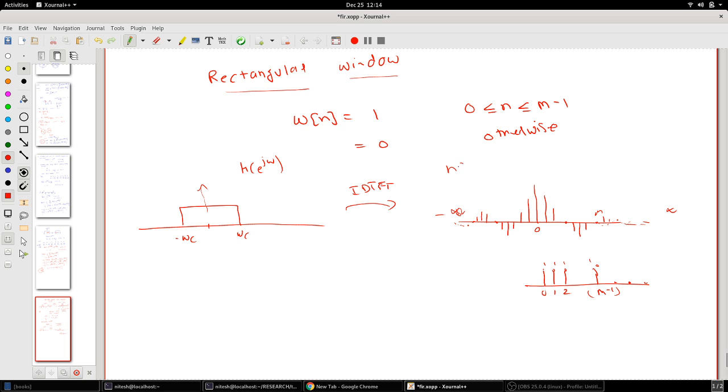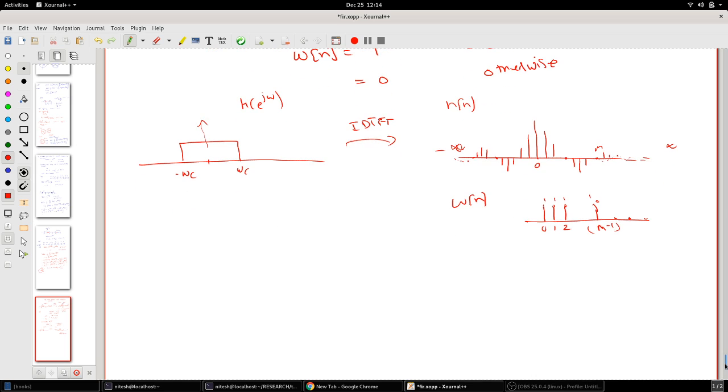Whatever I get for h of n, I multiply with w of n, and I get my new impulse response. So hd of n will be h of n into w of n.